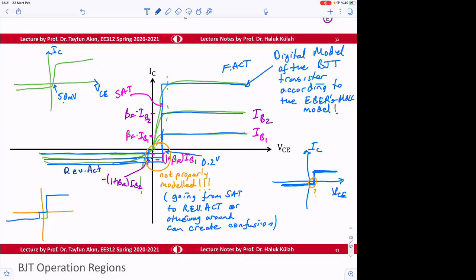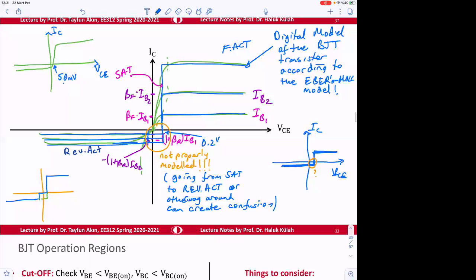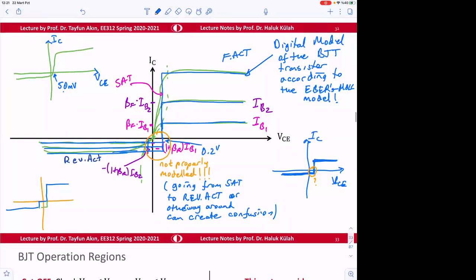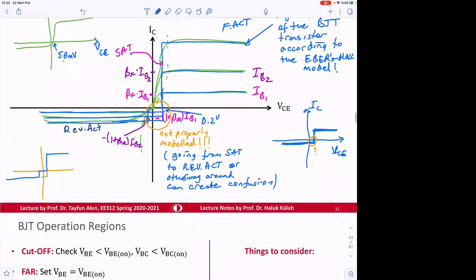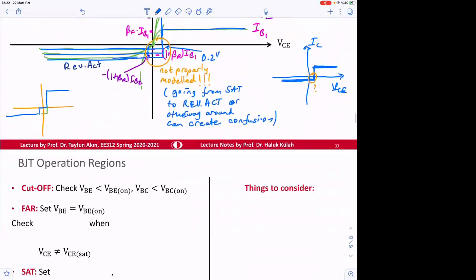But modeling it differently is going to create one other thing, and we'll have to say reverse SAT, forward active SAT. Those definitions will be more critical or create issues. But as long as we know that there's a problem with the modeling at that region, we will be over there only a very small portion of the time. So we will be mostly using a very small model very comfortably.